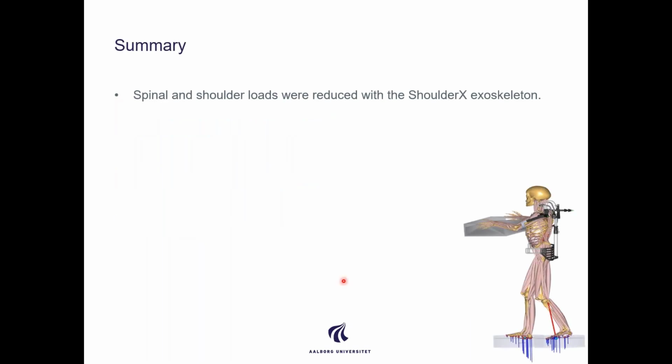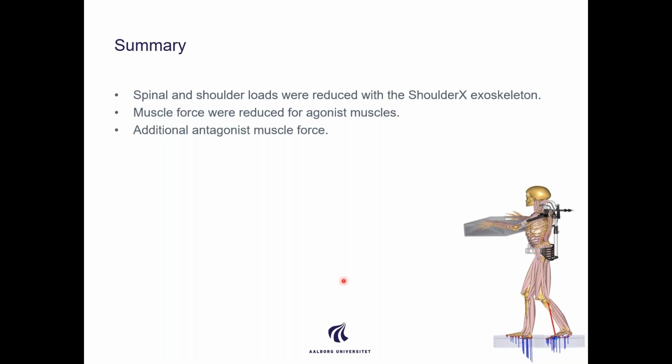So let's sum it up here. So we found that spinal and shoulder joint loads were reduced with the shoulder exoskeleton. We saw that the muscle forces were reduced for agonist muscles. We saw additional antagonist muscle forces in some of the muscles, especially latissimus dorsi and teres major.